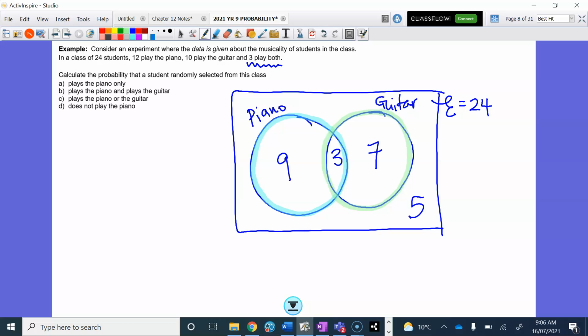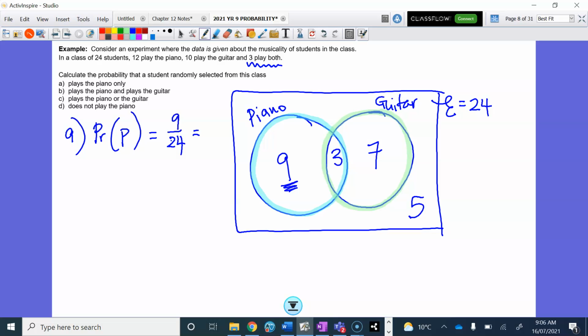The questions ask me to calculate the probability that a student randomly selected from this class plays the piano only. The people that play piano only, there's 9 students out of a class of 24. Probability of a student playing piano only, 9 out of 24. You would need to give your answer in its simplest fraction form.